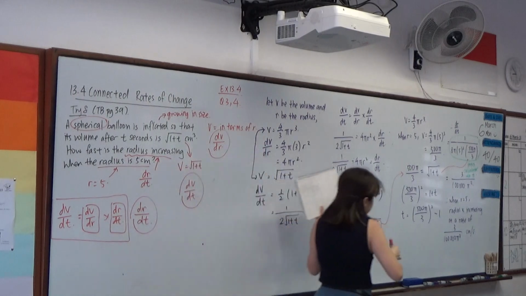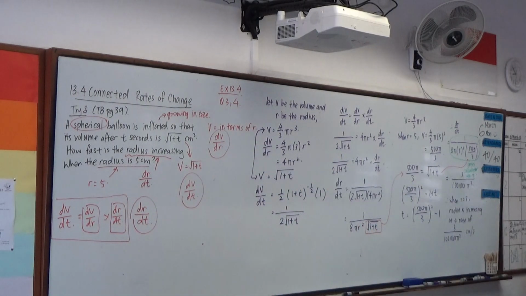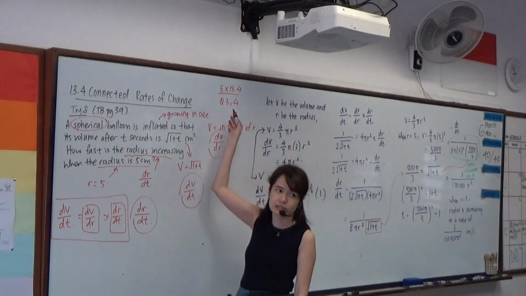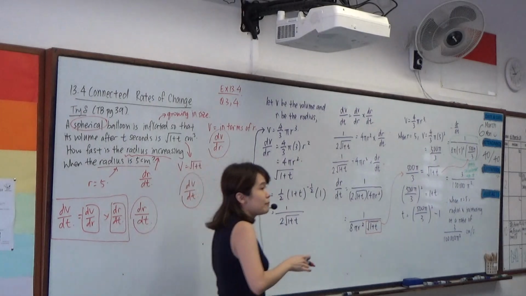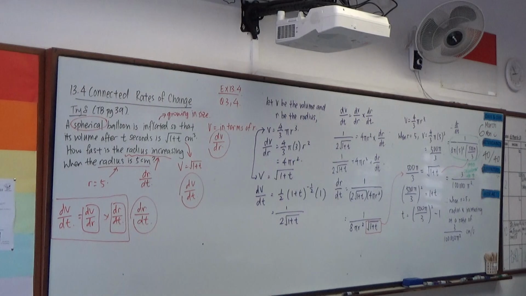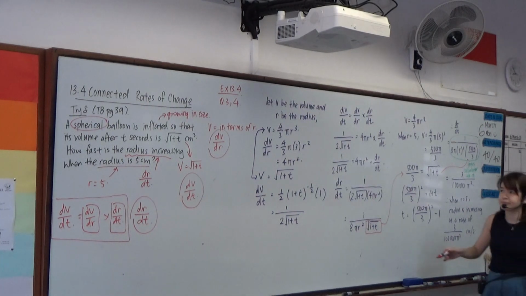Just go and try out these two questions. Tomorrow when we come back, I will go through these two questions. But I really want you to go back home and attempt this, to consolidate and give things a try first.